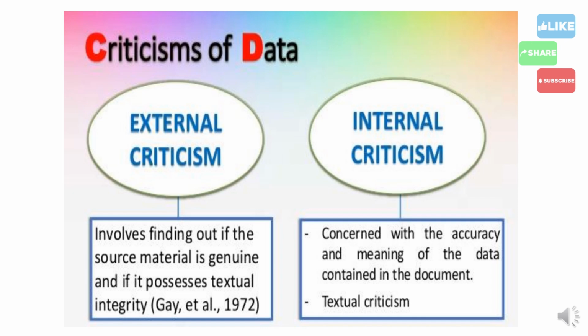External criticism involves finding out if the source material is genuine and if it possesses textual integrity. On the other hand, internal criticism is concerned with the accuracy and meaning of the data contained in the document, and this includes textual criticism.